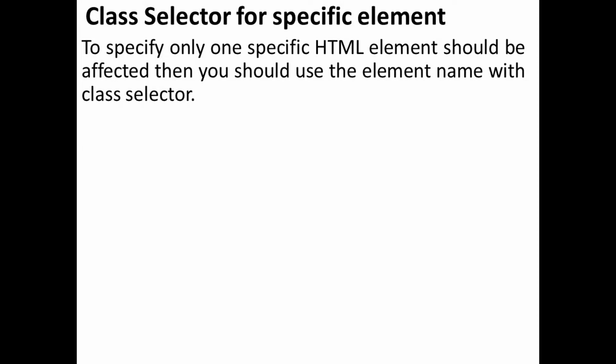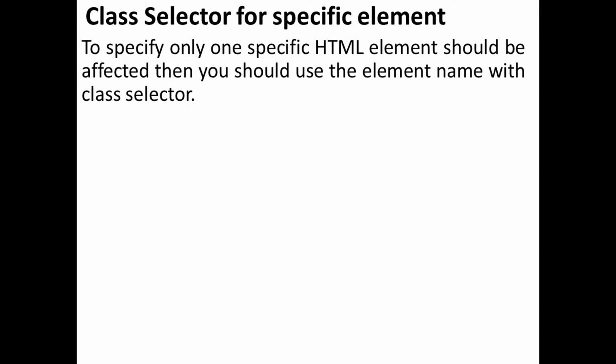To specify that only one specific HTML element should be affected, you should use the element name with the class selector. So if you want to apply one specific effect to a particular h1 or paragraph, a specific selector class will be used.